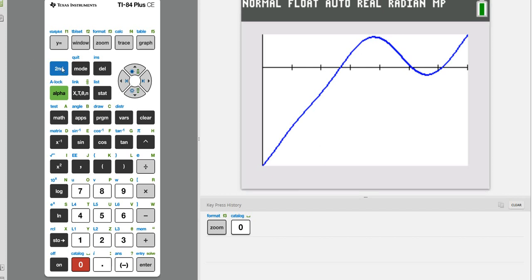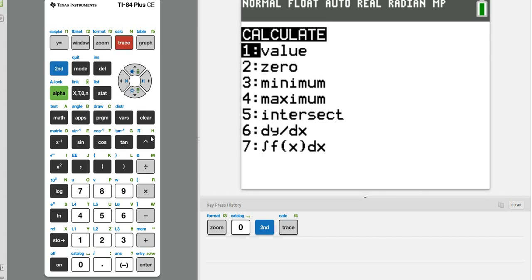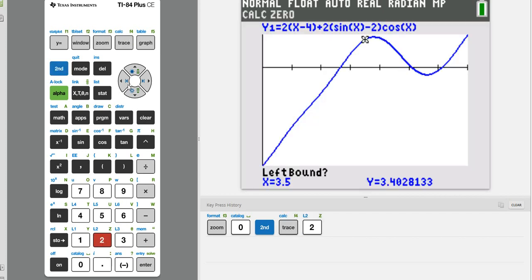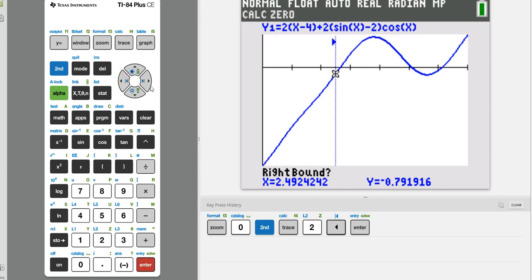Let's see here. Second, calc, 0. Left bound, and then a right bound, and then enter. So I got one point at 2.65, so x equals 2.6511, etc. I'm just kind of curious about the other point.